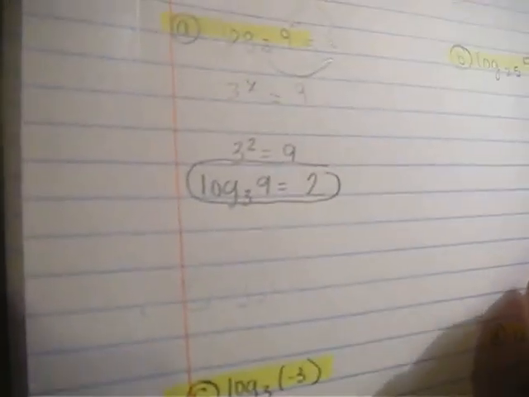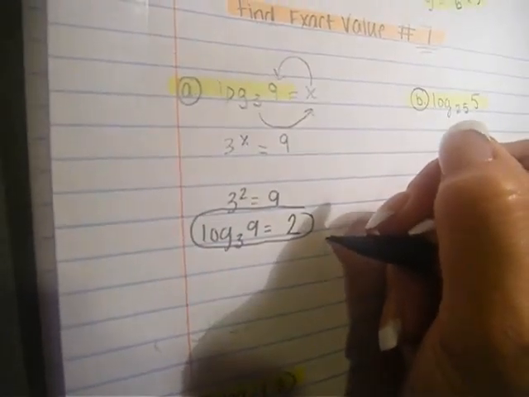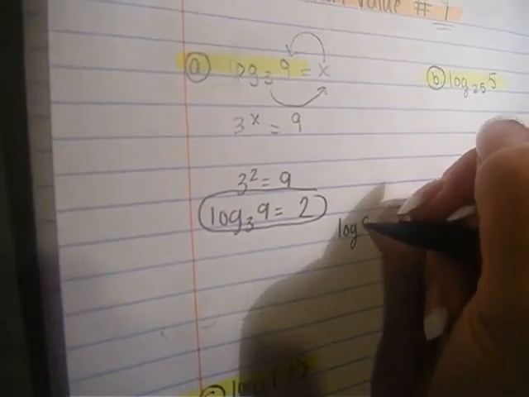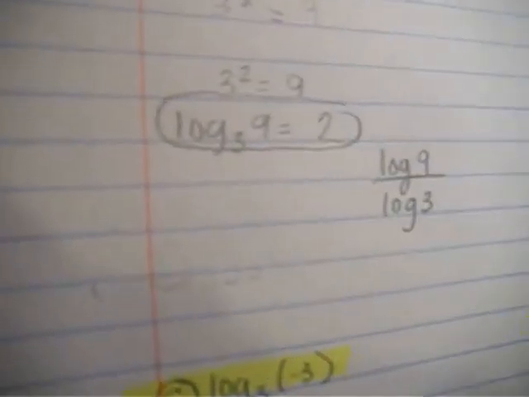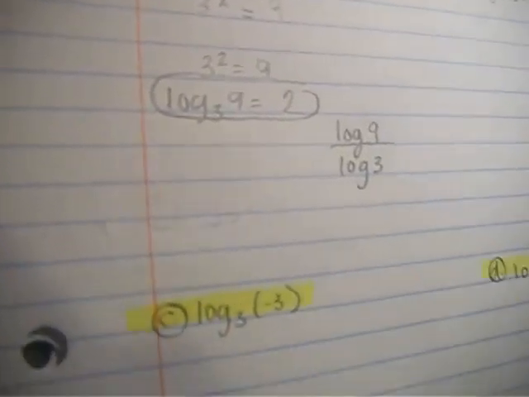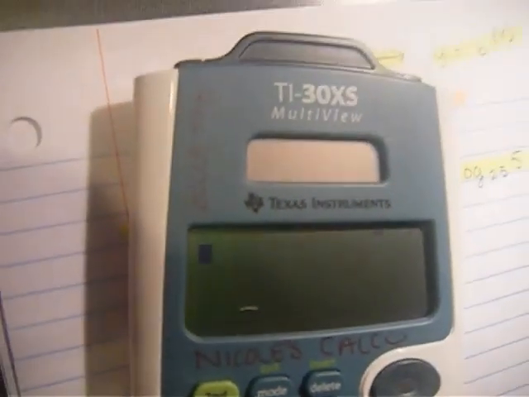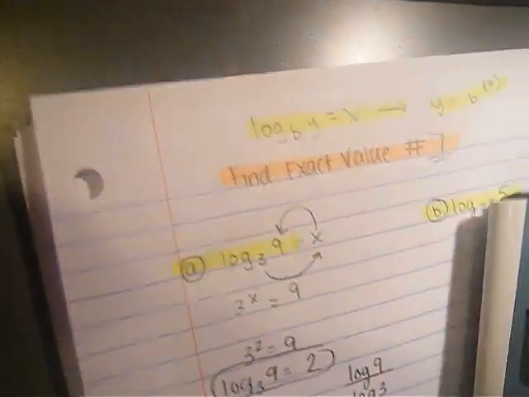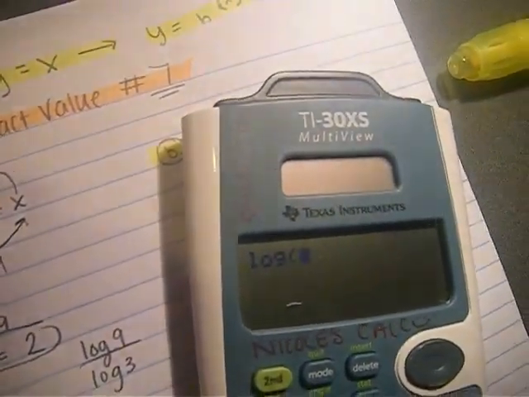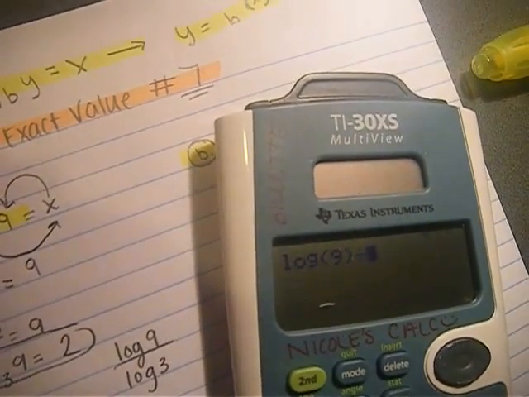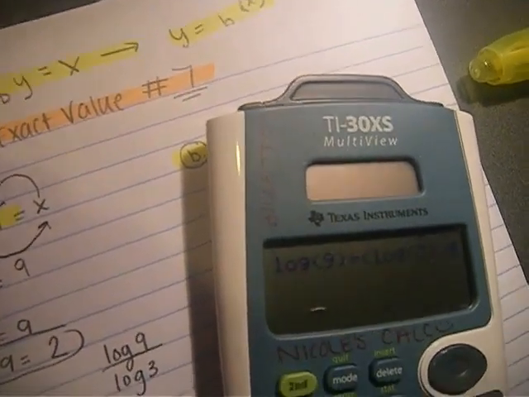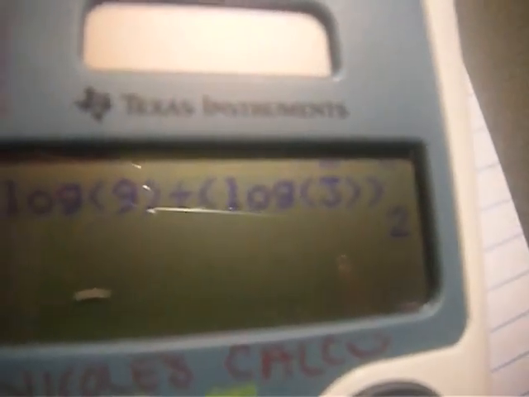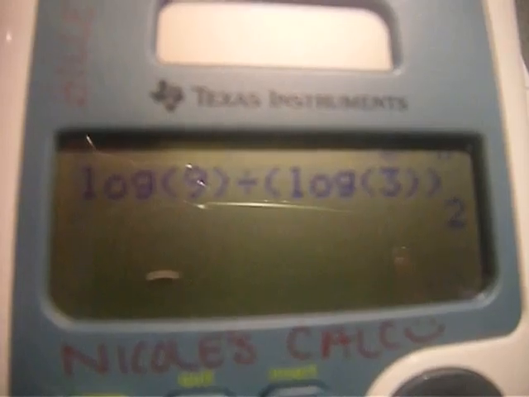And you can check this by plugging it into your calculator like this. And as you can see, we get 2.